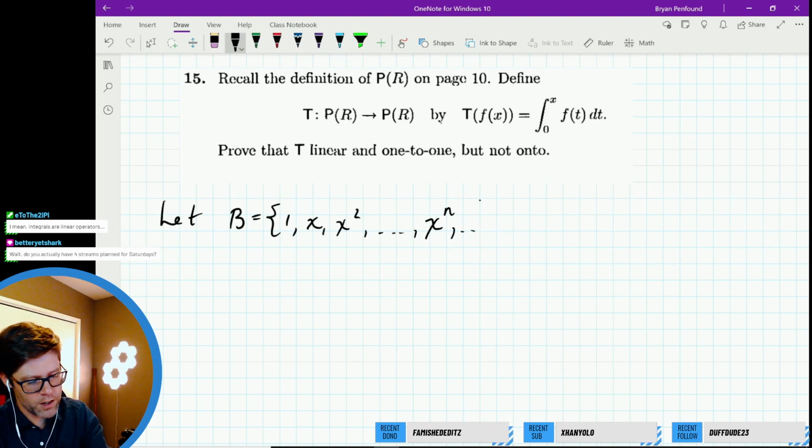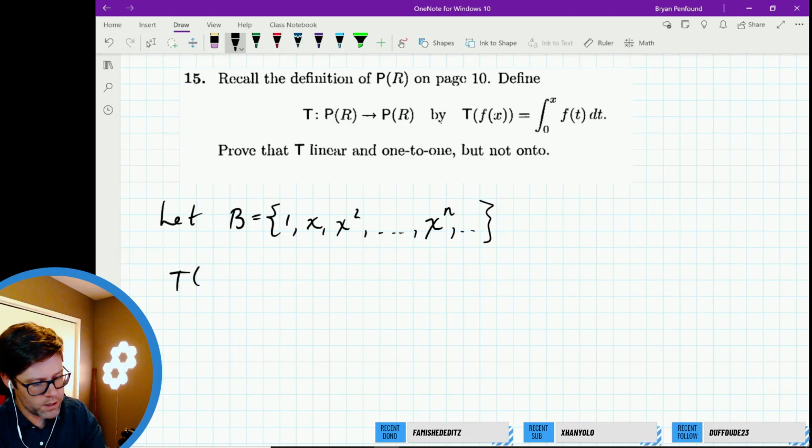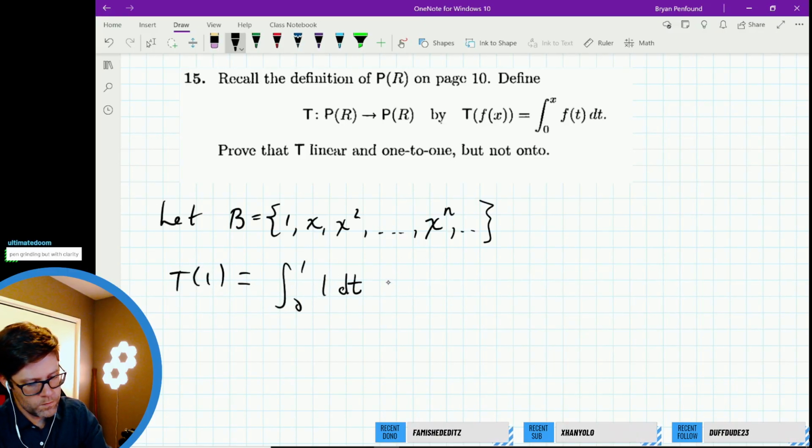I'm a little unsure about the notation, that's all. But anyway, what happens when we start looking at basis vectors? What would happen to this first basis vector?